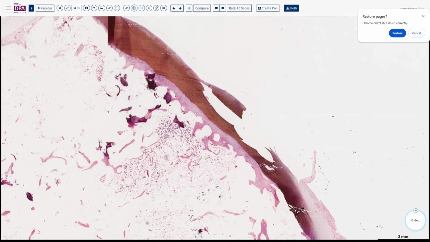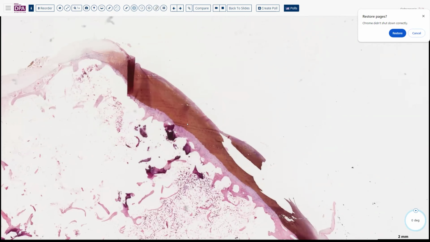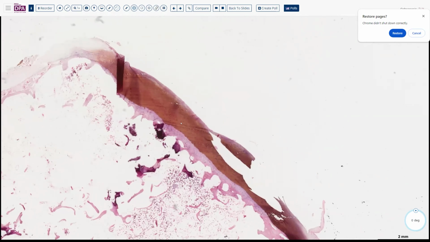We don't usually see this in the bone because we don't do joint replacements on these patients very often.